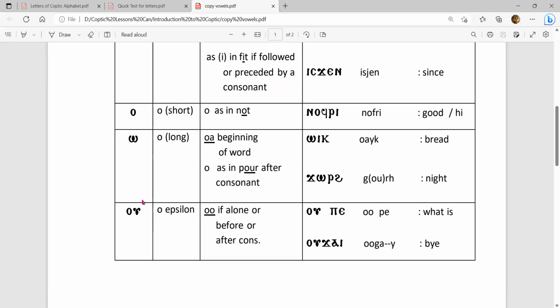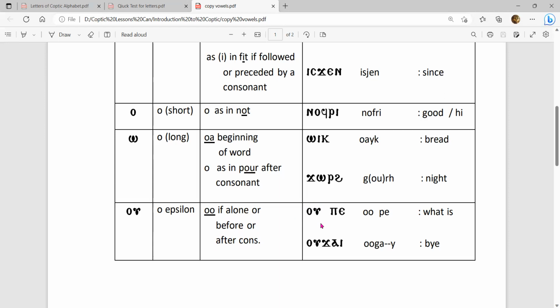The combination of these two letters will always be read as a double O, U, never an O. Okay? So it is U, if alone, we shall come to it, or before or after a consonant.